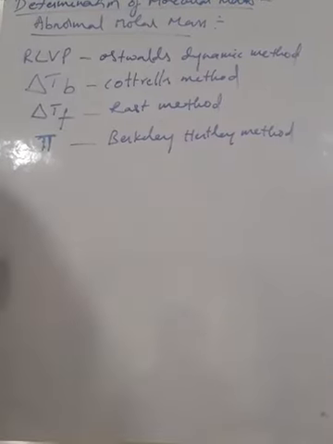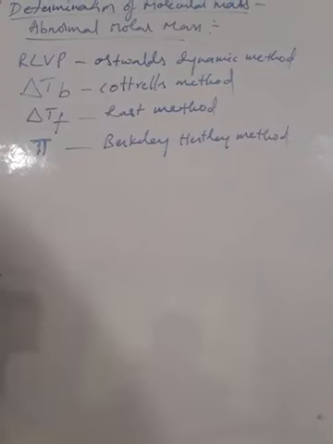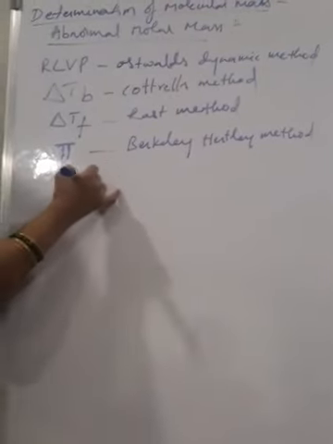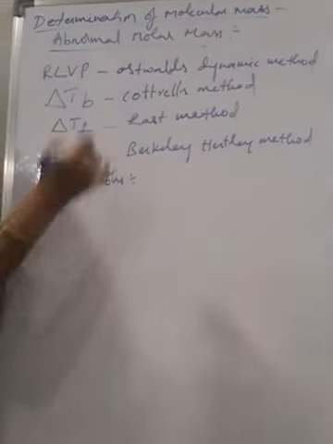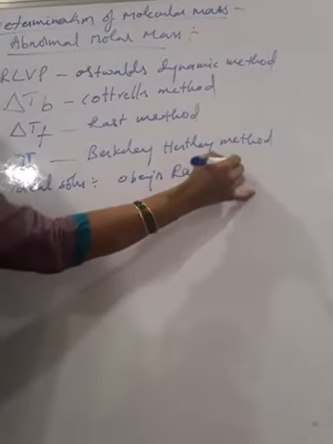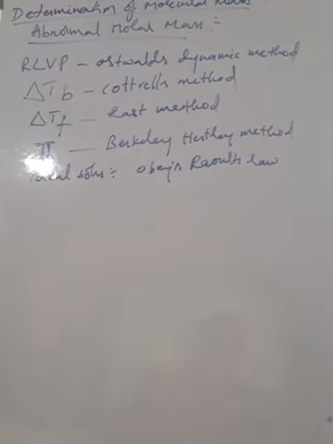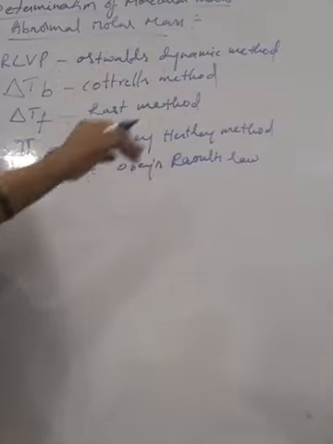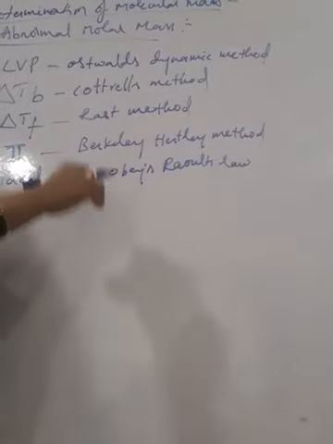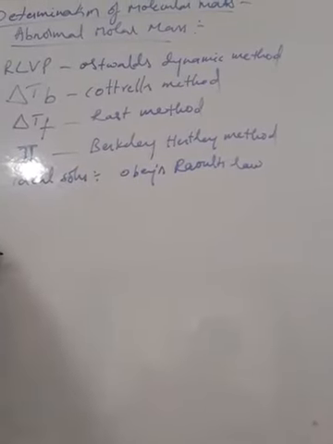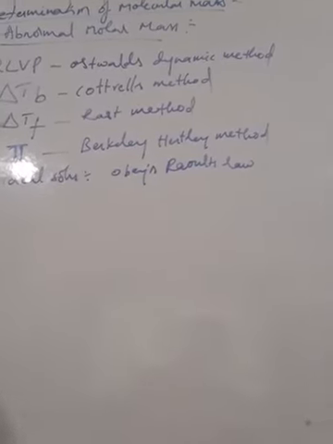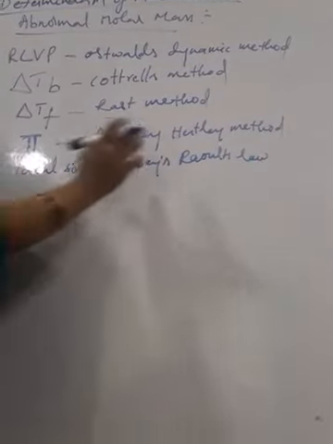Solutions which obey Raoult's law are generally called ideal solutions. Raoult's law is applicable for dilute solutions only. When the concentration of a solution increases, the solution deviates from ideal behavior, so it does not obey Raoult's law.